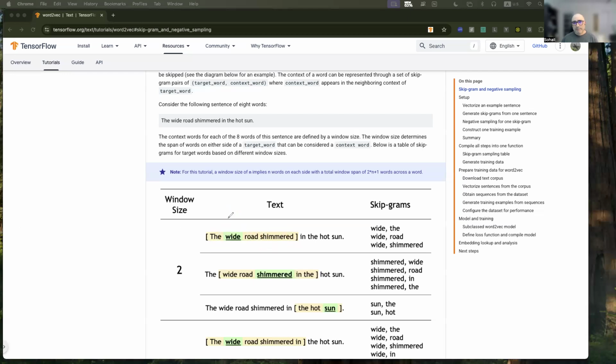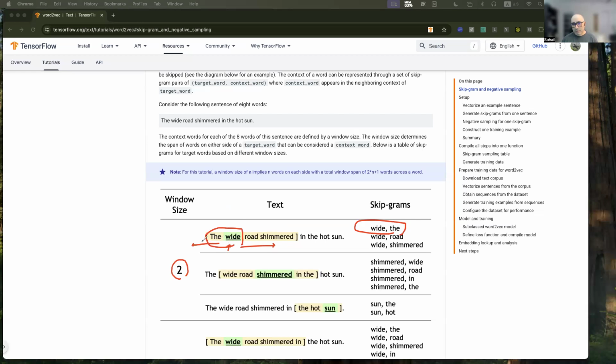So in the first sentence, our target word is white, and there's a window with a size of 2. We could go 2 to the left and 2 to the right. A skipgram is a combination of these words. So white and the words around it could be together.